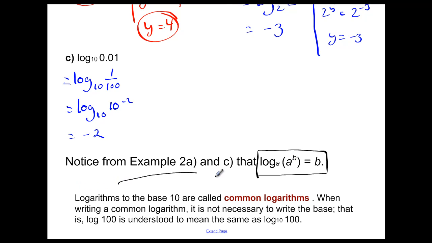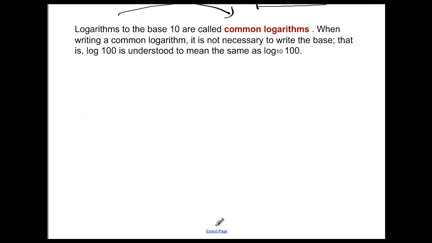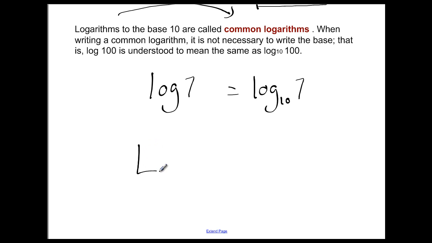This is a very important point, talking about something called common logarithms. When writing a common log, it's not necessary to write the base. So for example, if I were to write the log of 7, that actually is really the log base 10 of 7. Now common logs are important because on our calculator we have a log button.